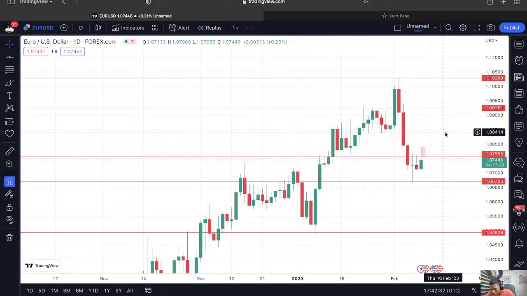If you use a $100 account, just stick with 0.01. You can't be using a $100 account and risking 0.02 on a single trade.